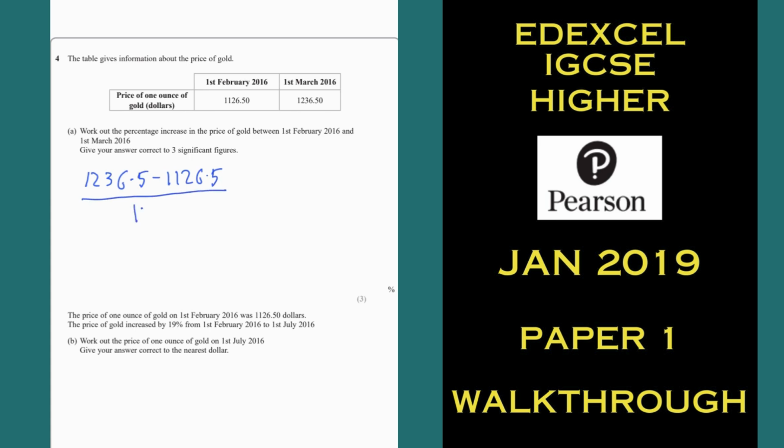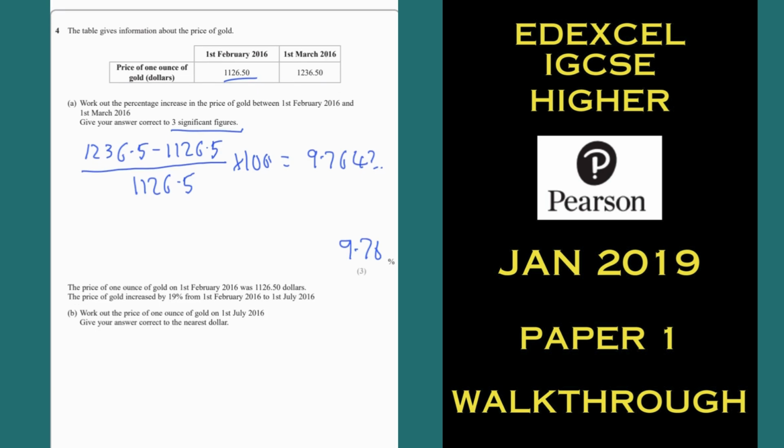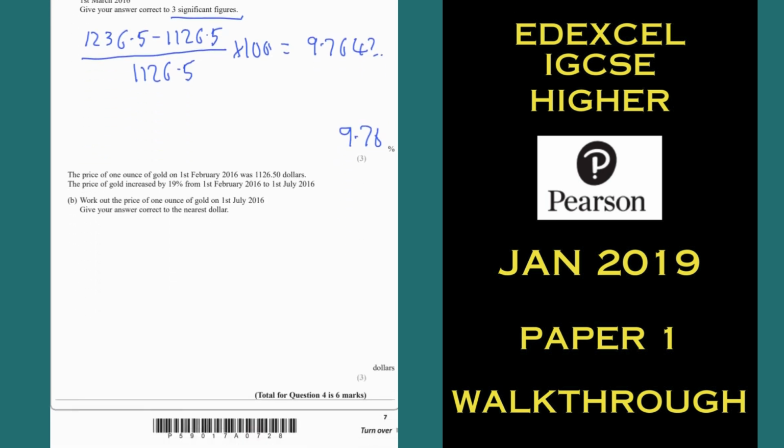You divide it by the original amount, so that's the 1st of Feb, multiply it by 100, and I get 9.7647, and so on. You're told 3 sig figs, so do as you're told. 9.76.